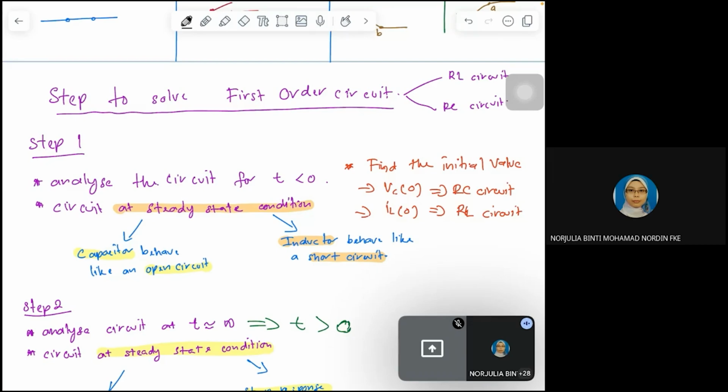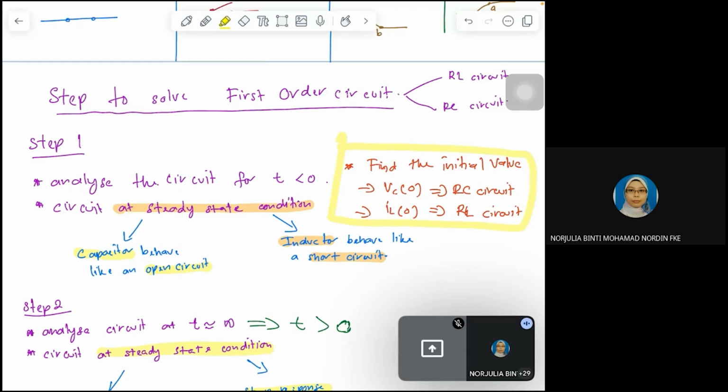The capacitor behaves like an open circuit during steady state condition, and the inductor behaves like a short circuit during steady state condition. And at step one, what you need to do is find the initial value.